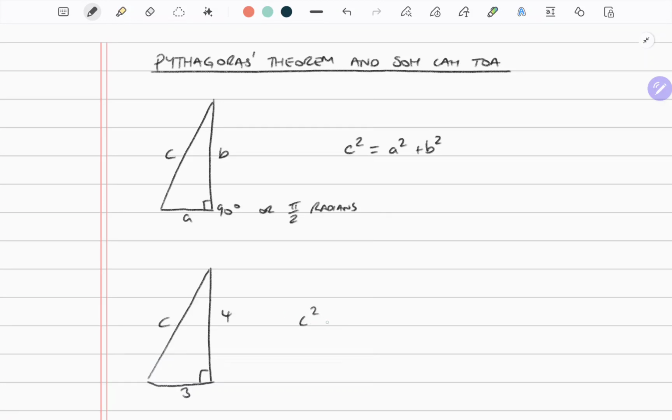So c squared is equal to 3 squared plus 4 squared, which is equal to 9 plus 16, which is equal to 25. If c squared is equal to 25, we'd take the square root of each and we would be left with c is equal to 5. So that would be 5, and you didn't know that until I just did it for you. So that's how that would work.